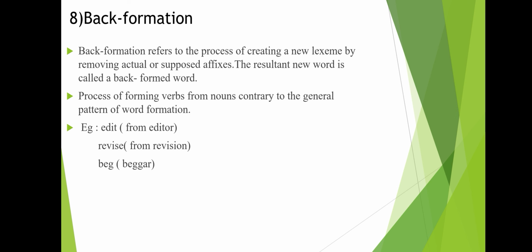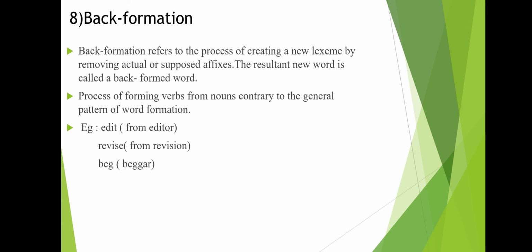Back formation refers to the process of creating a new lexeme by removing actual or supposed affixes. The resultant new word is called a back-formed word. It is the process of forming verbs from nouns, contrary to the general pattern of word formation.